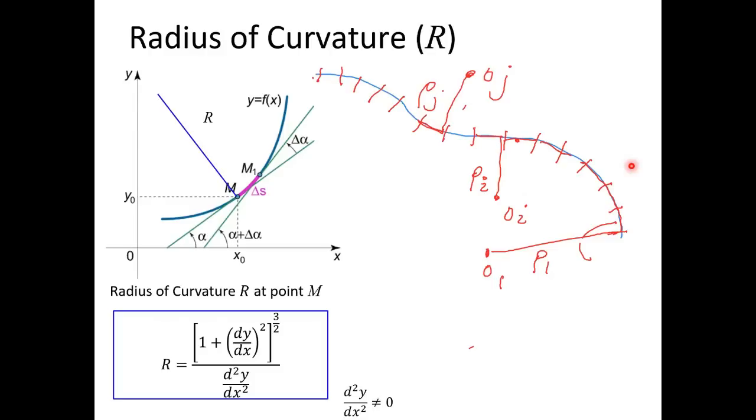We can divide the curve into small segments, and each and every segment can be treated as a circle. So it's not a unique circle, but different circles with different radii and different centers.